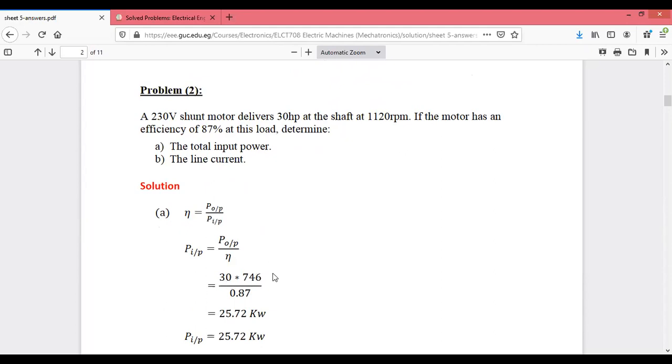So take 30 into 746 upon 0.87, and you will get the input power equal to 25.72 kilowatt. kW is the unit for power.